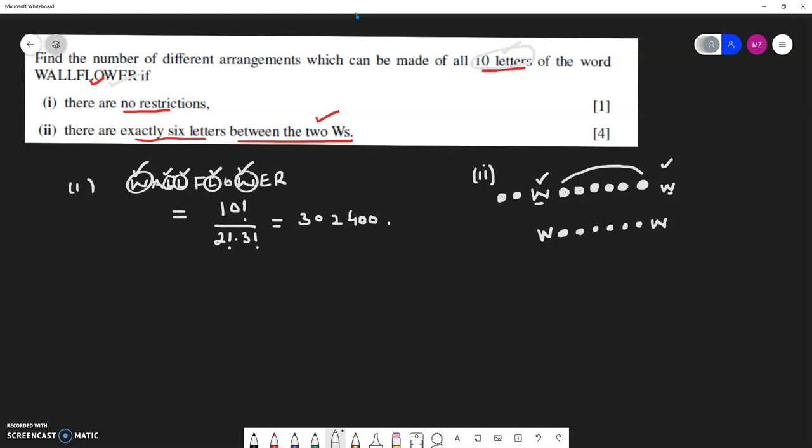Or you can place the 2 remaining letters before the first W, or shift these 2 letters, or again you should write the compulsion part first.